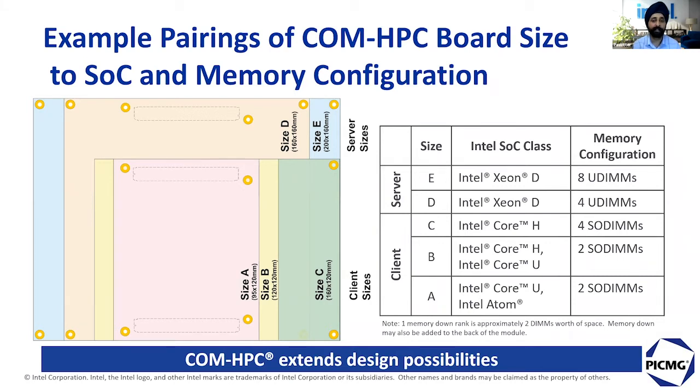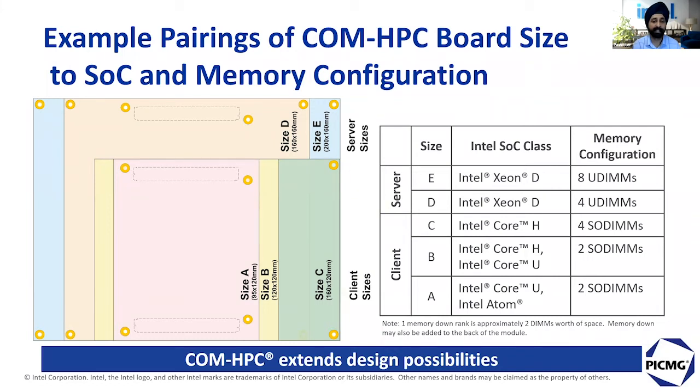COM-HPC also allows a direct thermal management solution for accommodating more power-intensive CPUs instead of using a heat spreader across the entire module. What this enables is the possibility to create modules with either the Intel Core Desktop LGA products in client sizes or higher compute, higher powered Xeon products in the server sizes.